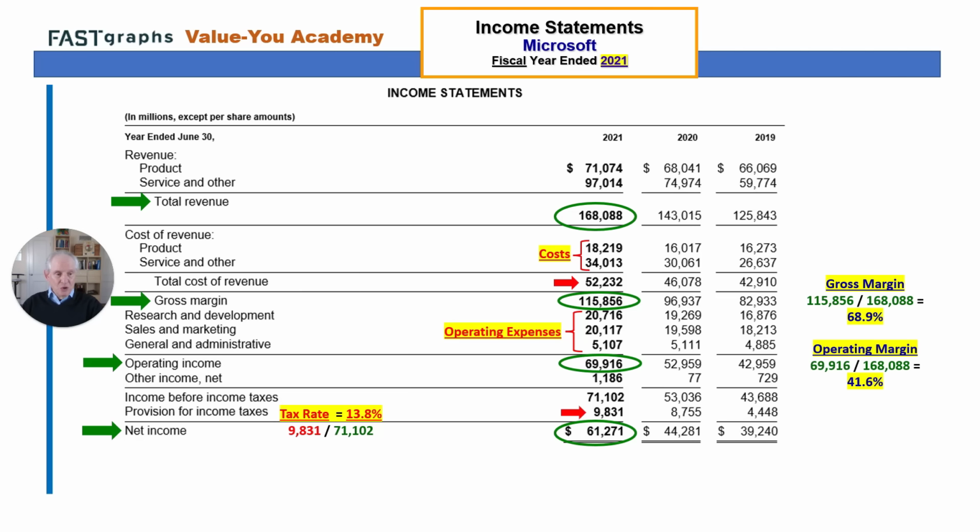Their operating margin was 41.6 or rounded up 42%. Excellent operating margin. Some of the companies I work with would like to have an operating margin of 15%. Well, look at that. They just blew it away last year. Their net margin is 36.5.